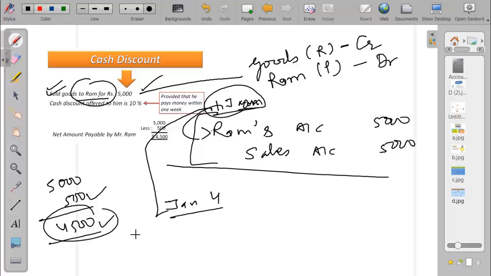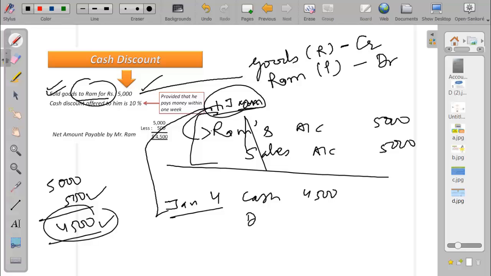Now you understood this thing. Now see how to pass entry for this. What is the transaction? See how this question will come in the exam. We received cash. How much cash did we receive? We received 4500.